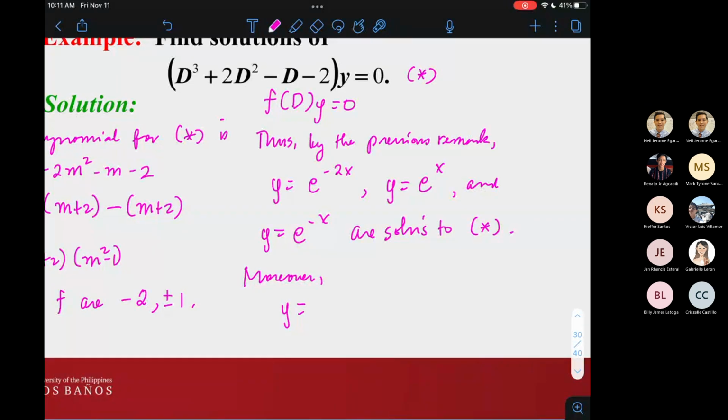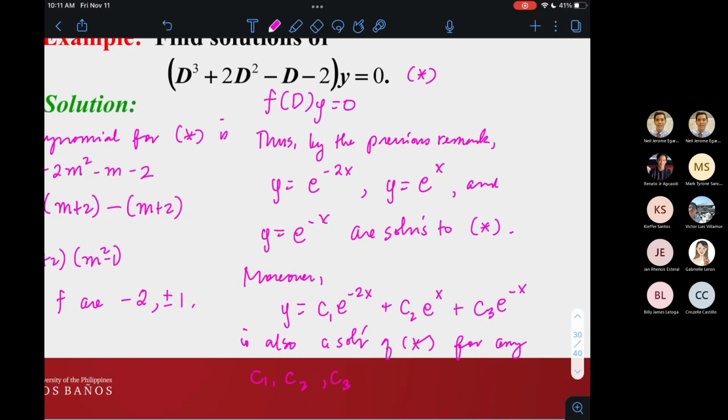So dahil homogeneous naman yung ODE natin, meaning zero yung right-hand side, alam ko na yung linear combination ng tatlong solutions na nahanap natin ay solutions din ng DE. C1 e to the negative 2x plus C2 e to the x plus C3 e to the negative x is also a solution of star for any constant C1, C2, and C3.